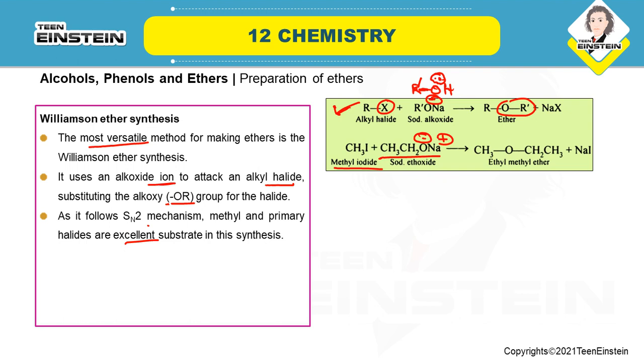So that is why alcohol must be converted to alkoxide, and then this SN2 mechanism is better, because now it can act as a better nucleophile. Okay, so that is why we take alkoxide. So here we are getting ethyl methyl ether. This methyl part is coming from methyl halide, that is iodide, and this ethyl part is coming from ethoxide.